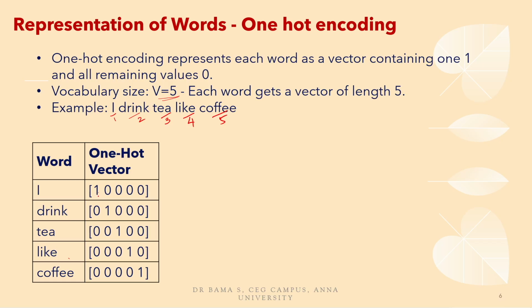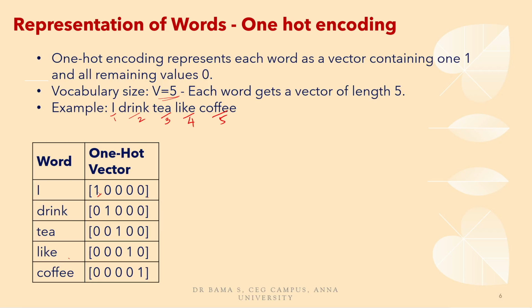So I is represented as 1 followed by 4 zeros. For drink, the second position is 1 and the remaining are all zeros. Tea is the third word, so the third position is 1 and the rest are zeros. Like has the fourth position as 1, the rest 0, and coffee has the fifth position as 1 and the other positions 0.